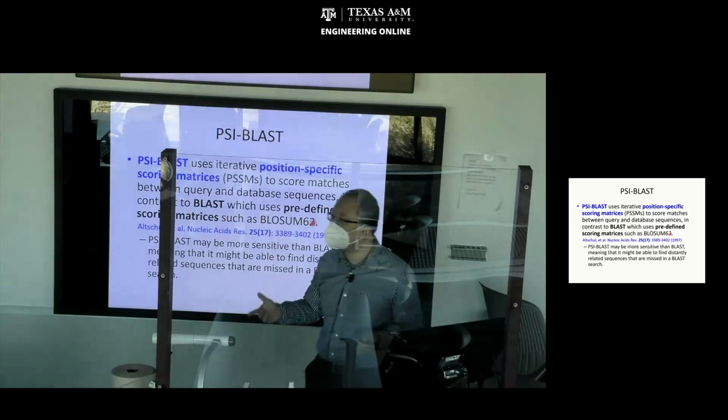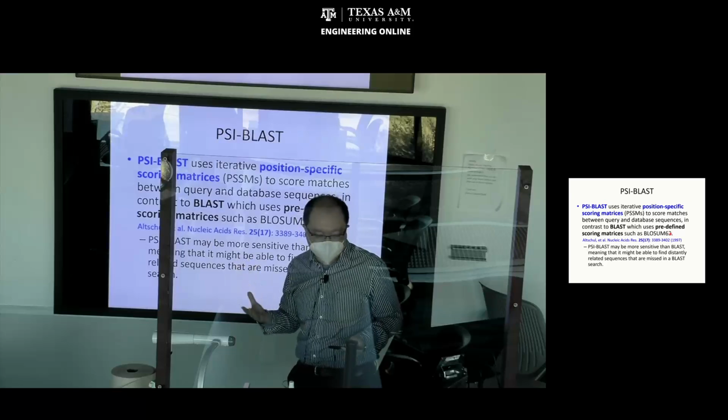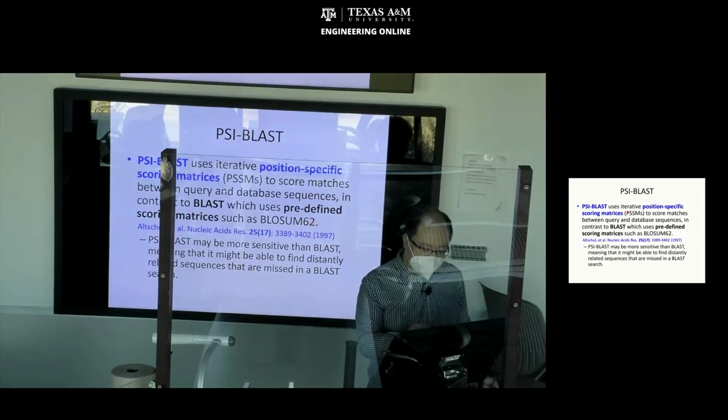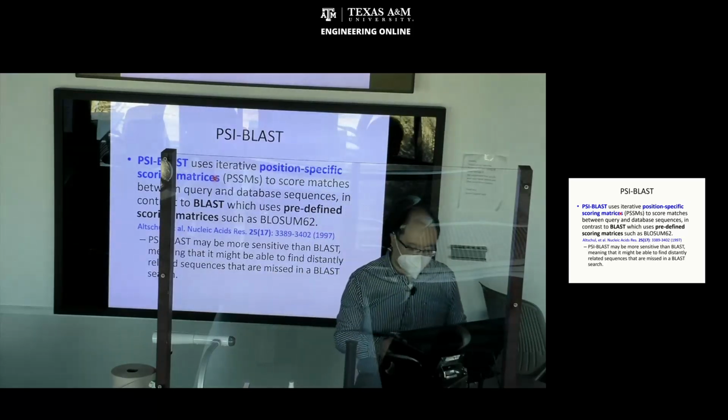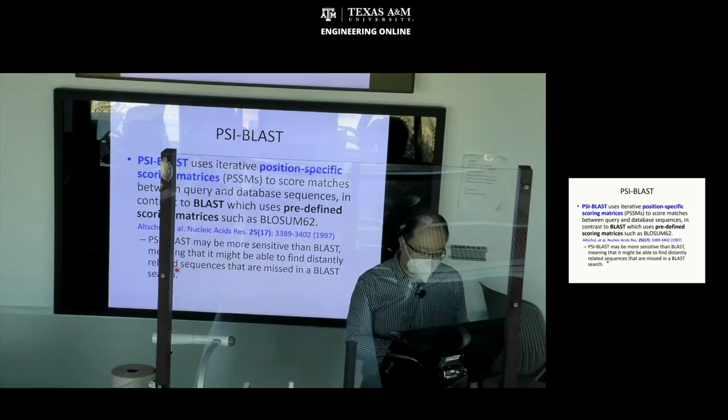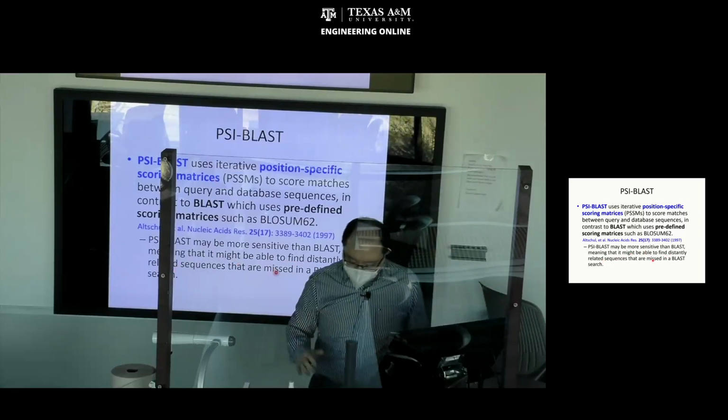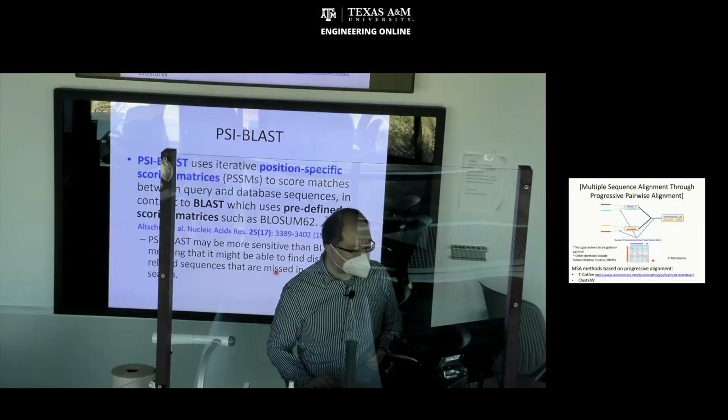The similarity between A and G is always the same. But in the case of PSI-BLAST, it builds a position-specific scoring matrix, specific to the position, specific to the protein family. I will talk about it. So this means it's more sensitive to find distantly related sequences that are often missed in the BLAST search.